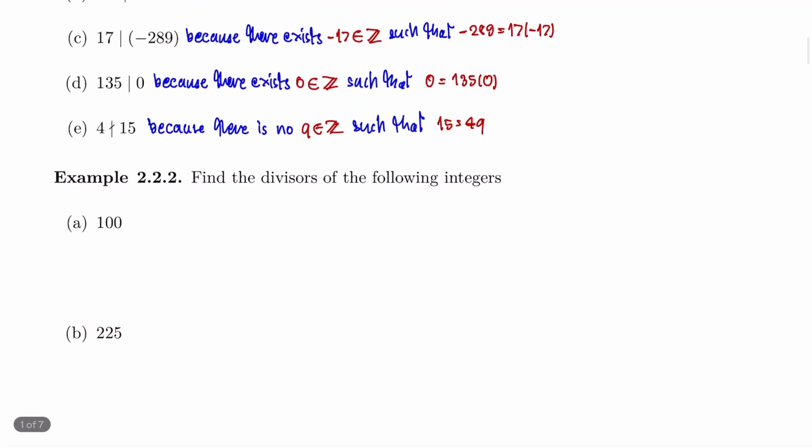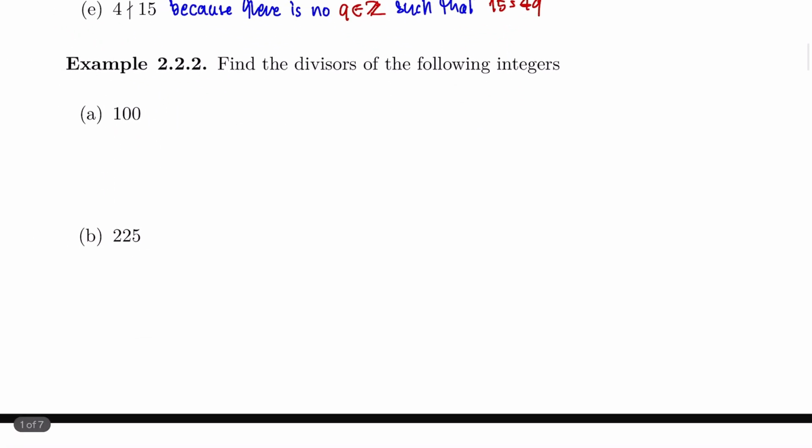Let's take a look at another example. I want to find the divisors of the following integers. Let's start with 100. For 100 we can write 1 times 100, so 1 is a divisor. Is 2 a divisor? Yes, because 2 times 50 equals 100.